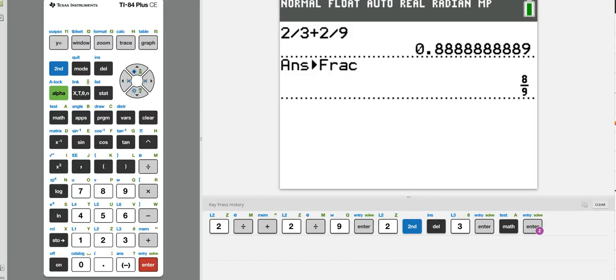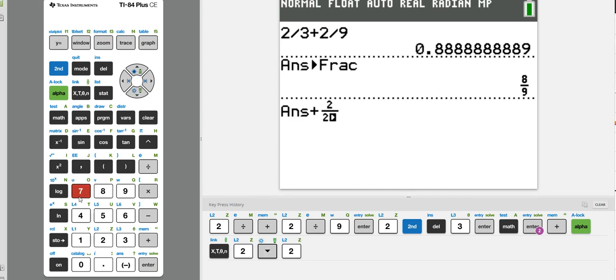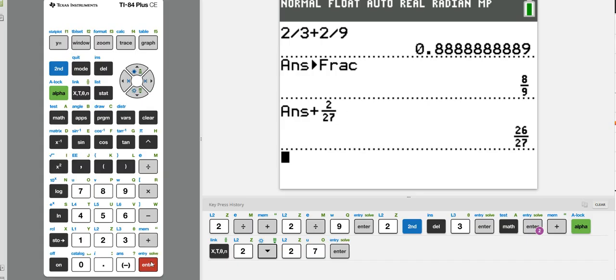In fact, I'm going to do it this way. You hit the plus key, it's going to take my 8/9 from this right here, and then I'm going to add in 2/27, and I'm adding it again with this nice horizontal fraction because that'll make the calculator give me back a horizontal fraction. And horizontal fraction is actually kind of interesting. 26/27.